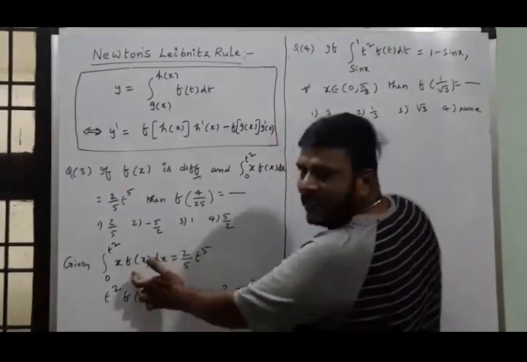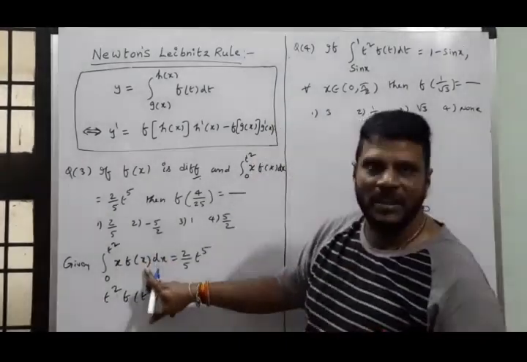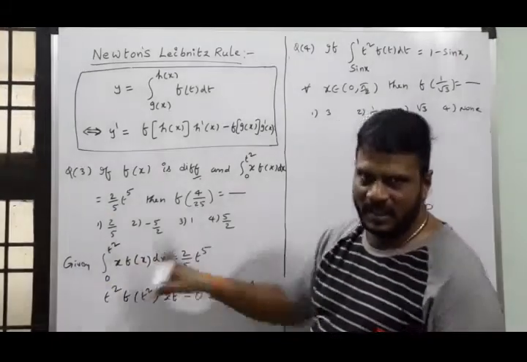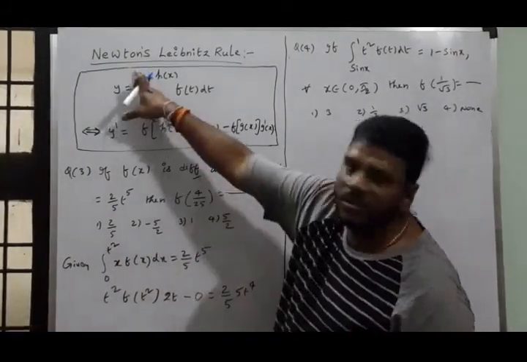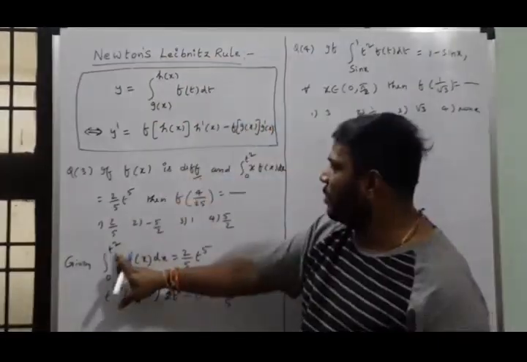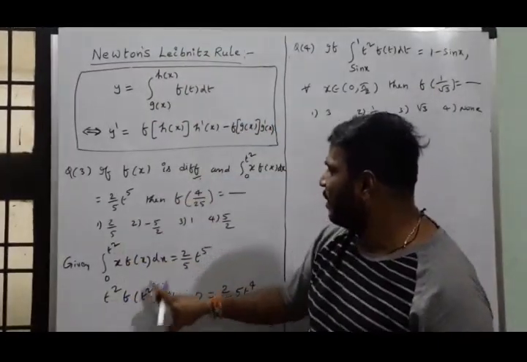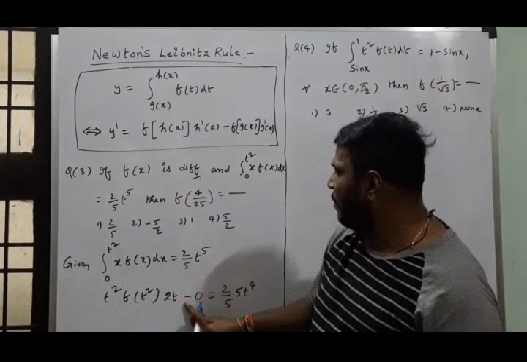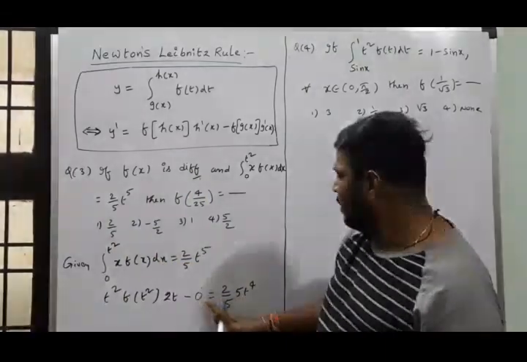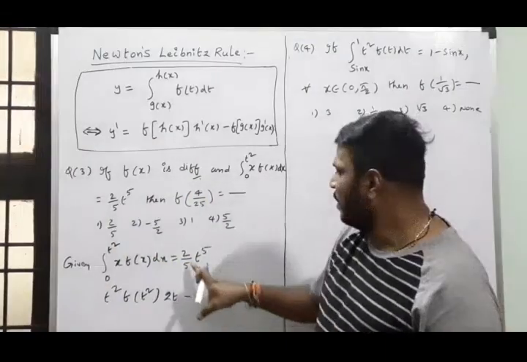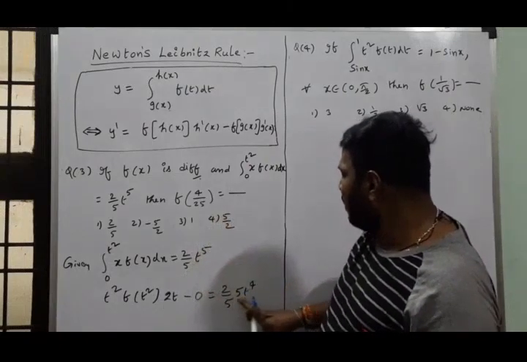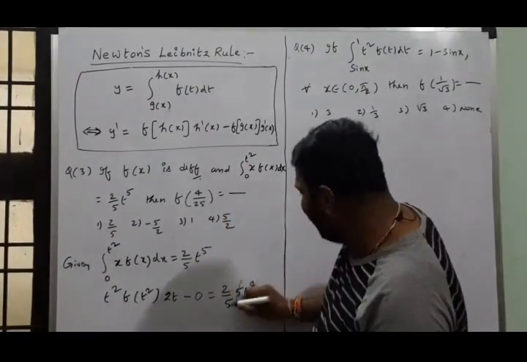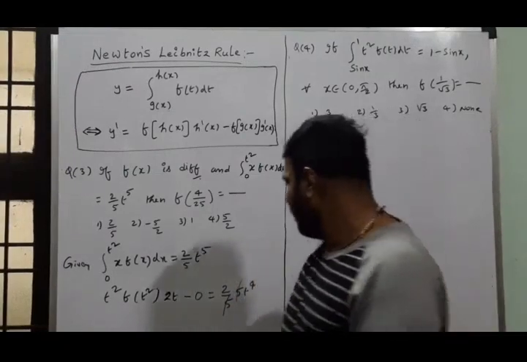First of all, take the given condition. Now differentiate both sides. For the differentiation of the left hand side, apply the Newton-Leibniz rule. Substitute the upper limit and upper limit derivative minus substitute the lower limit and lower limit derivative, is equal to 2 by 5 into the derivative of t power 5, which is 5 into t power 4. Here 5 cancels.